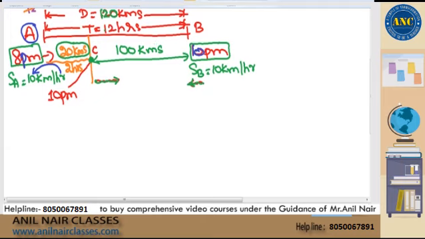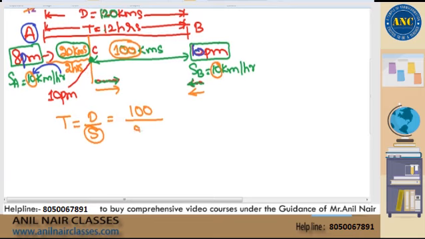Time is nothing but distance by speed. Distance that both the trains need to travel is how much? 100 kilometers. Whenever two bodies are traveling in the opposite direction, speed is nothing but the addition of the speeds. So it is 10 plus 10, which is 20. 100 by 20 is 5 hours.